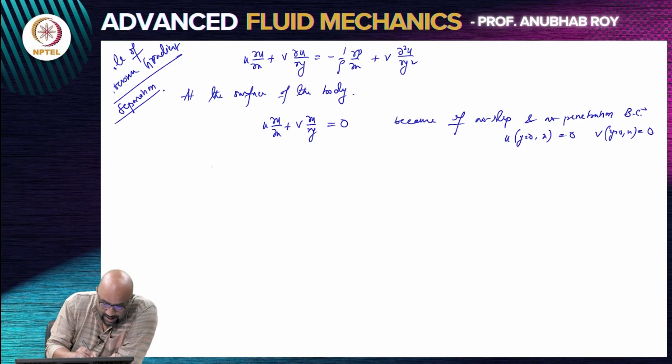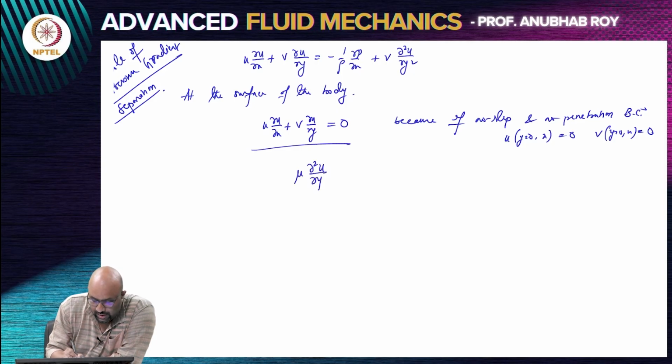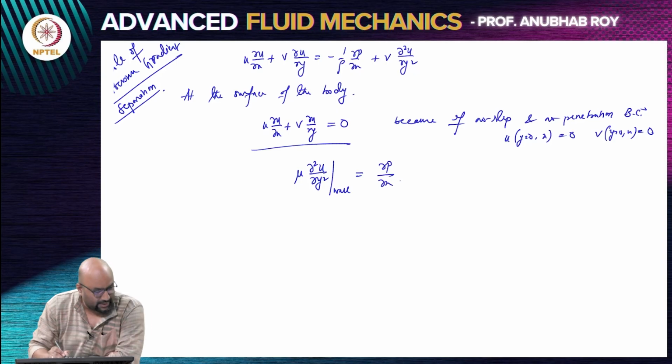So, at the surface of the body, because acceleration is identically 0 from my no slip and no penetration boundary condition, I have my equation as μ ∂²u/∂y² at the wall is equal to ∂p/∂x.